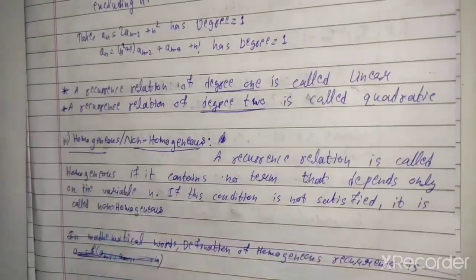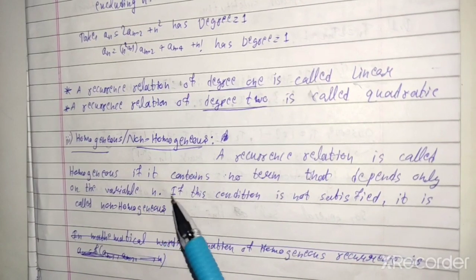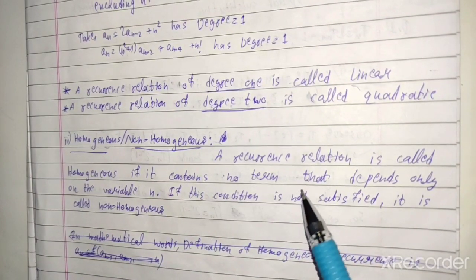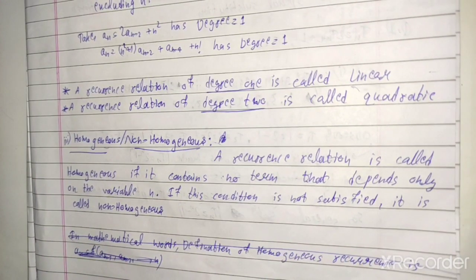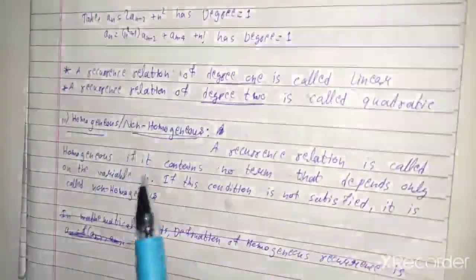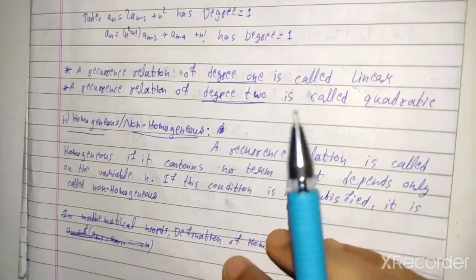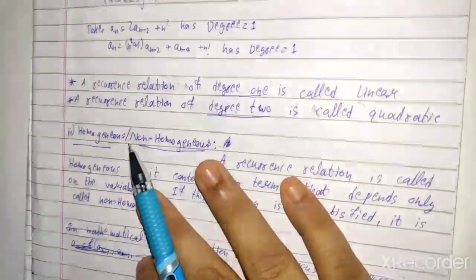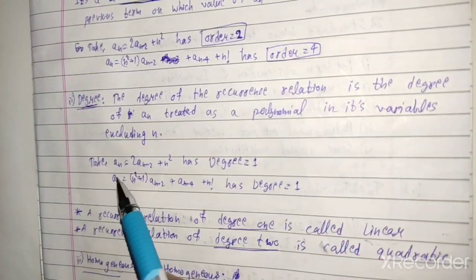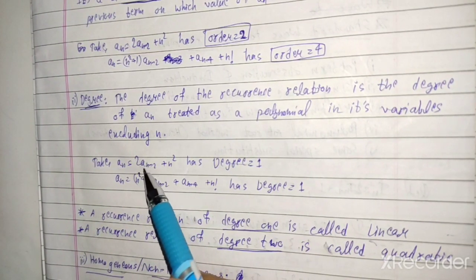And homogeneous. Basically a recurrence relation is called homogeneous if it contains no term that depends only on the variable n. Homogeneous means a recurrence relation which does not contain any term that depends only on the variable n. For example, let's take this recursion: a_n is equal to 2a_{n-2} plus n square.